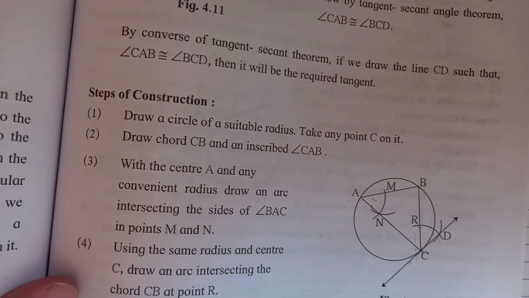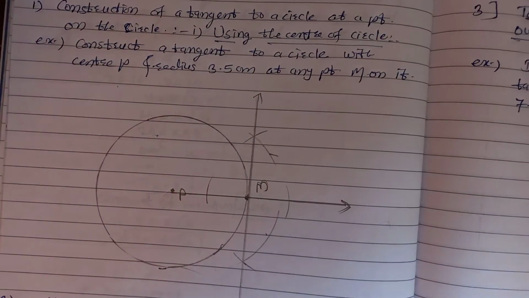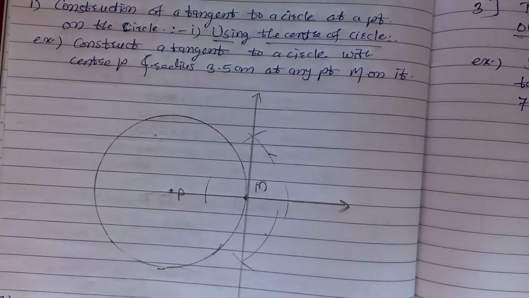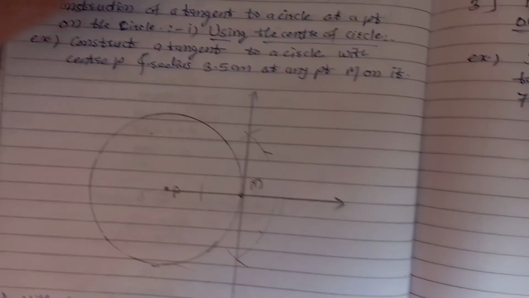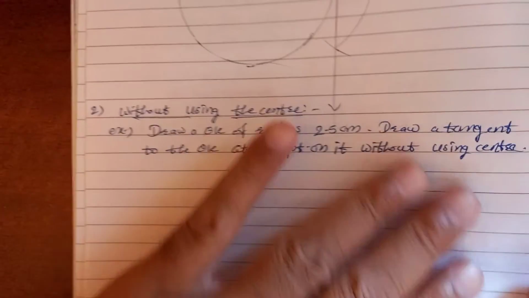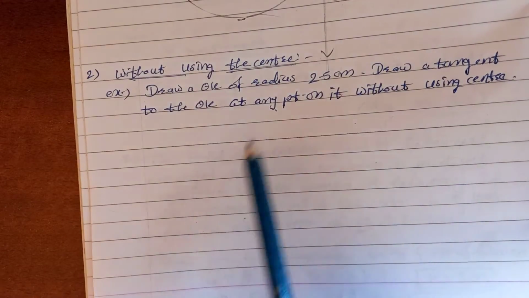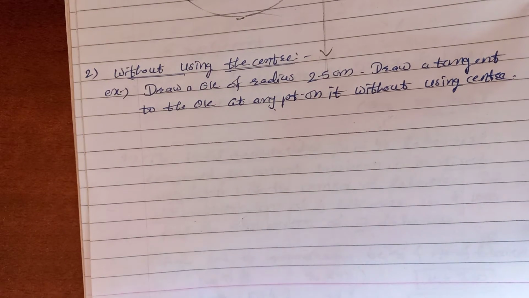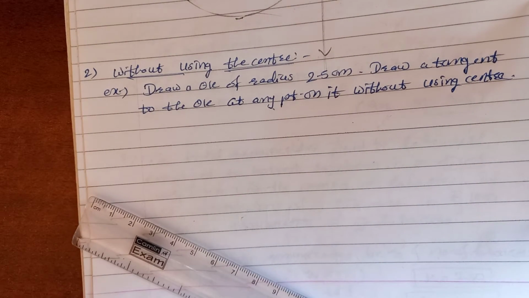Now we will see the actual construction of this one. How to construct without the center? So we'll see this one. See here, another example we have taken. Take the radius 2.5 centimeter.